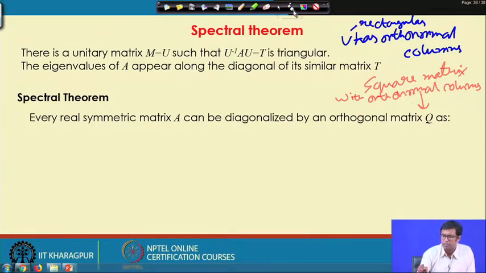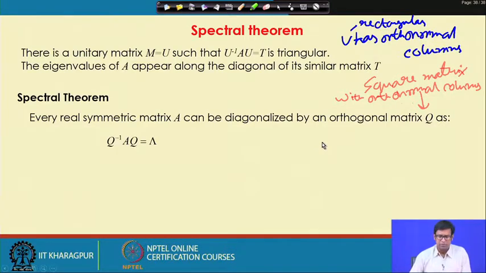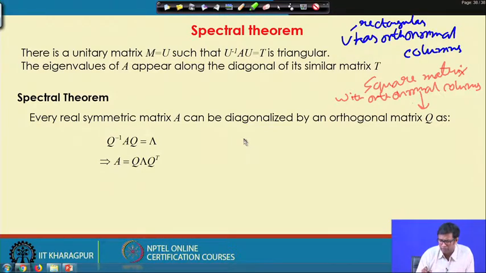So every real symmetric matrix A can be diagonalized by an orthogonal matrix as Q inverse AQ is equal to lambda, and for an orthogonal matrix we know that Q inverse is equal to Q transpose. We have shown this earlier. So we can get that A is equal to Q lambda Q transpose, and lambda is the diagonal matrix, which must be the eigenvalue matrix of A.